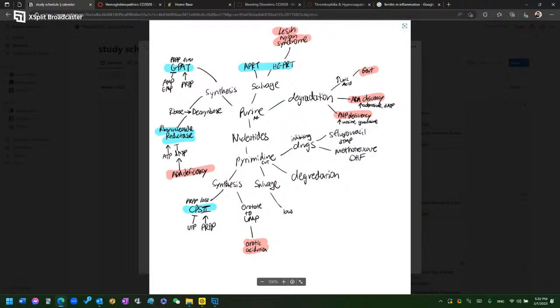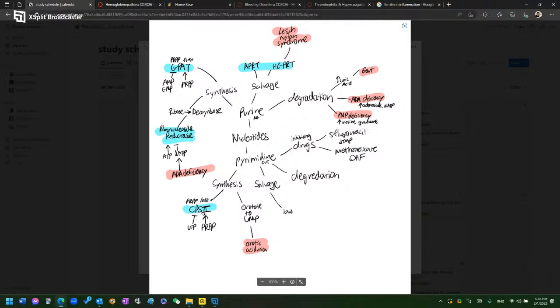So pyrimidine synthesis is carried out mostly by an enzyme called CPS2.